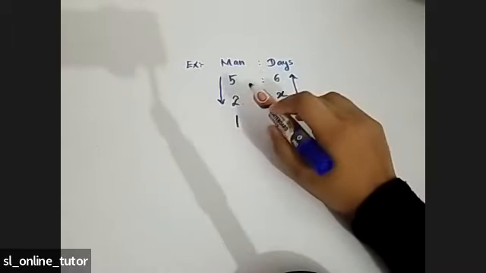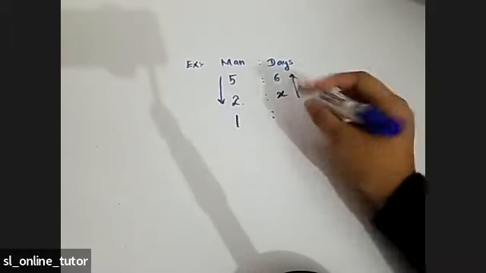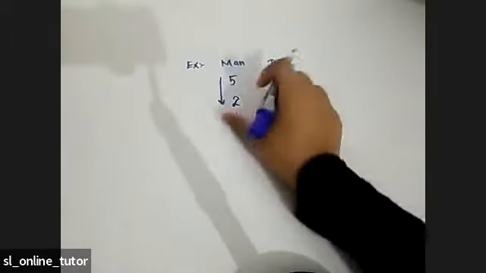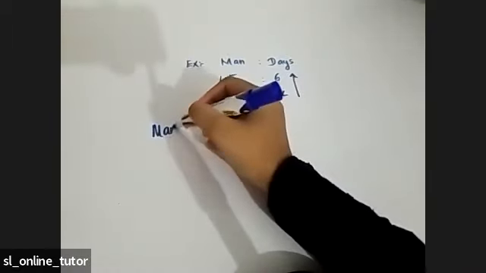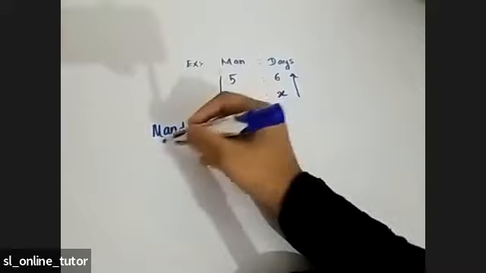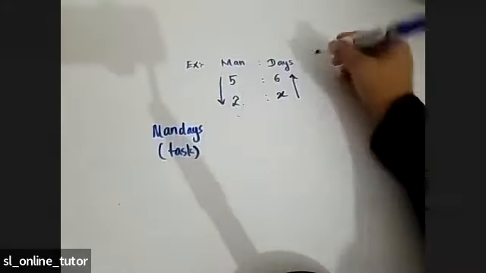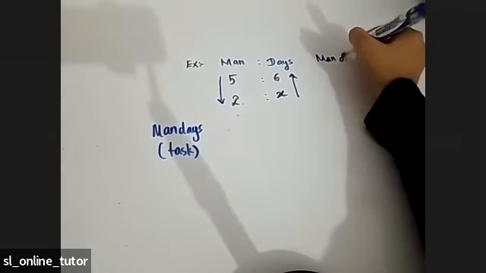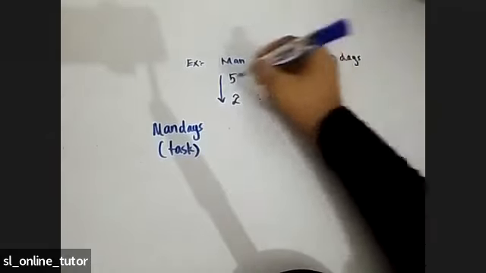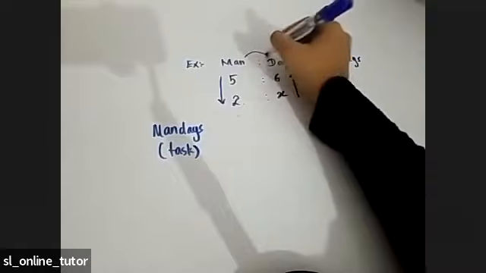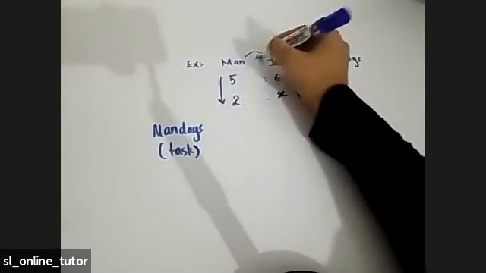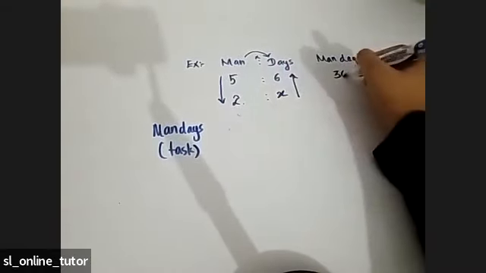Now, 5 men take 6 days. So you have to find the man days. Man days means the task. How much of a task? Man days you can get by multiplying. Man days means man into days. 5 times 6, 30.